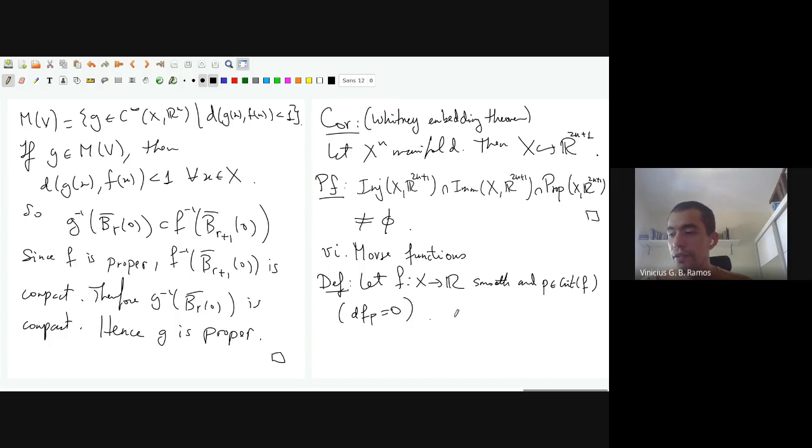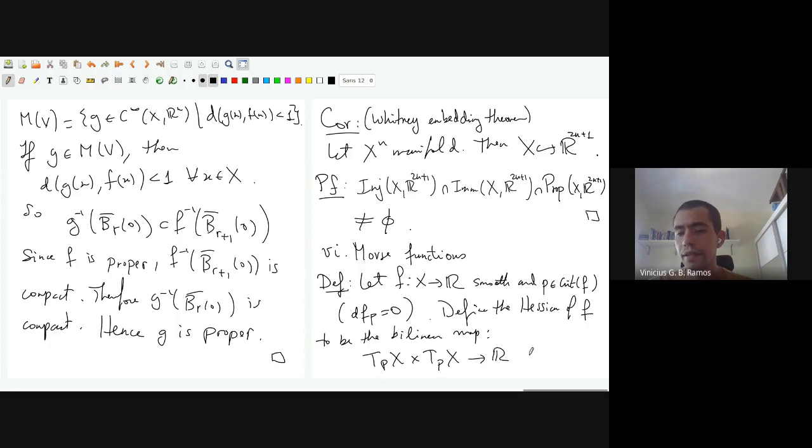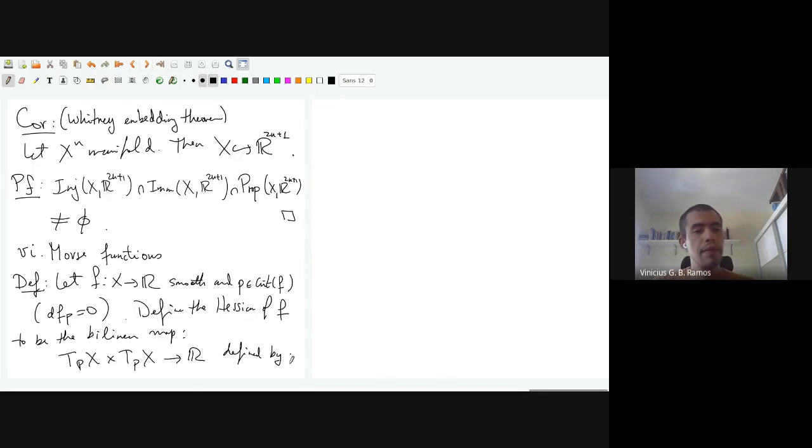Okay? So we can define the Hessian of f to be the bilinear map from T_pX times T_pX into R. Let the Hessian be the bilinear map defined like this. I'm going to call this D²f at p.